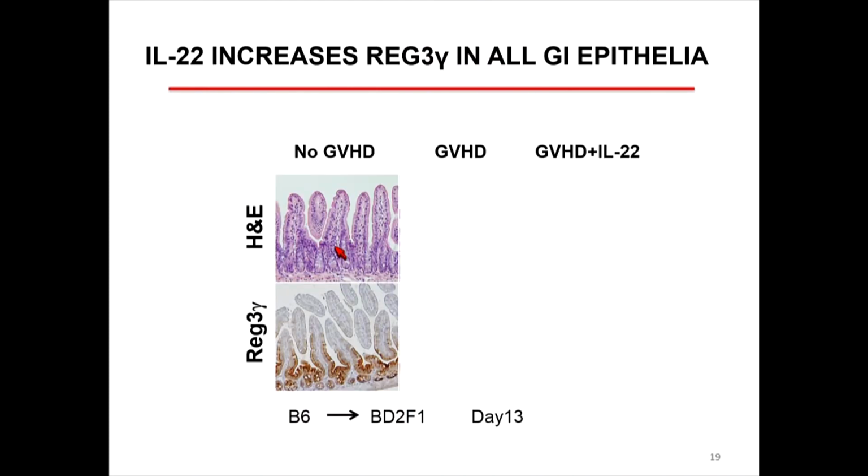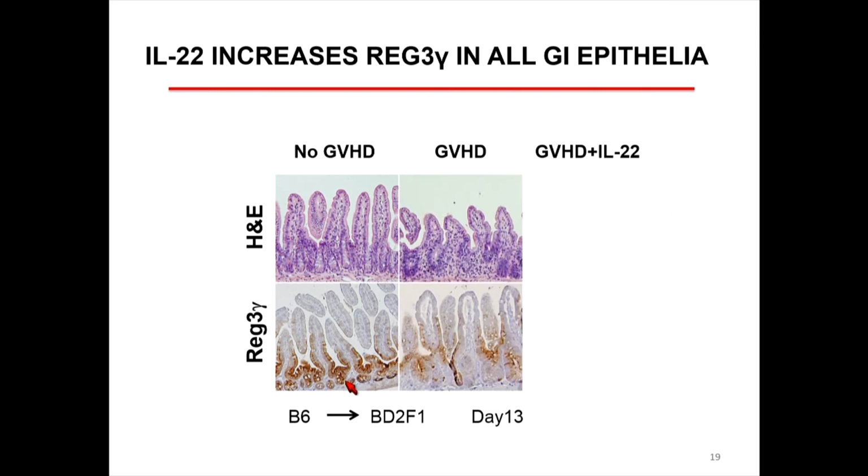Here is H&E staining versus, by the way, it's Reg3 gamma in the mouse, it's Reg3 alpha in the human. Those are the homologs. Here's a donor. You can see normal histology, no GVHD, a little bit of Reg3 staining. Here you can see the villus blunting of GVHD, and now there's much less Reg3 by immunohistochemistry.